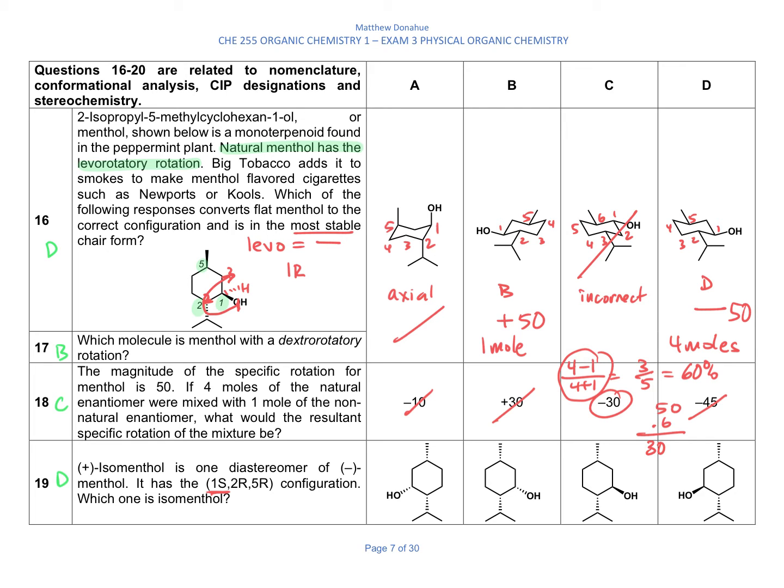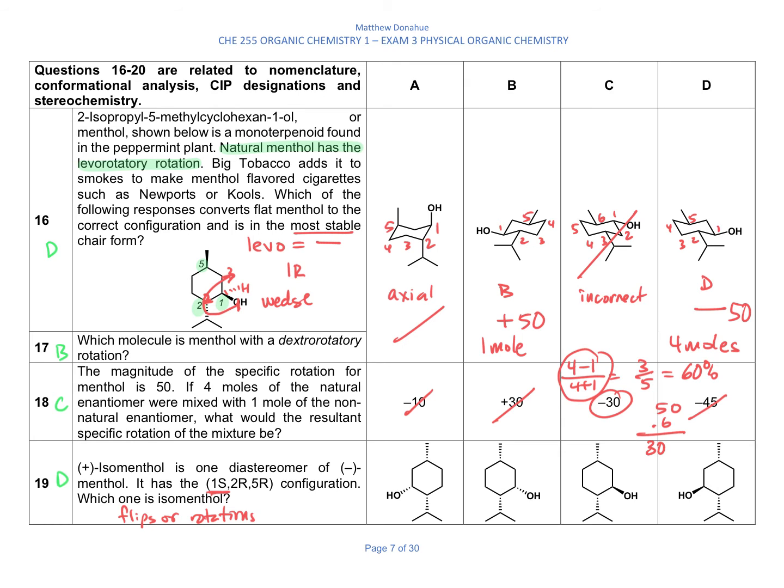So if we manipulate the answers A, B, C, and D through, say, flips or rotations, we want to see if we can eliminate any of those based on the 1R being the wedge.